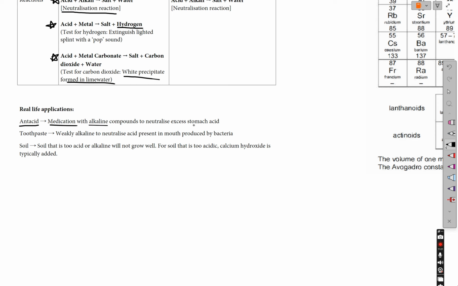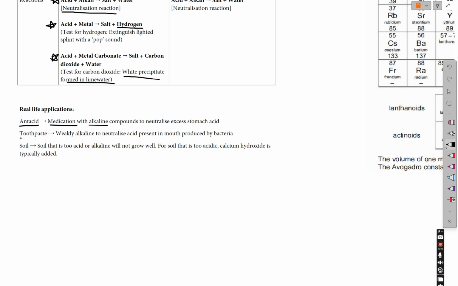Sometimes when we eat too much, the stomach produces too much stomach acid. So you'll get conditions like heartburn, where you feel your esophagus heating up and in pain. So what you do is you eat this medication and it will neutralize the acid and relieve the pain.